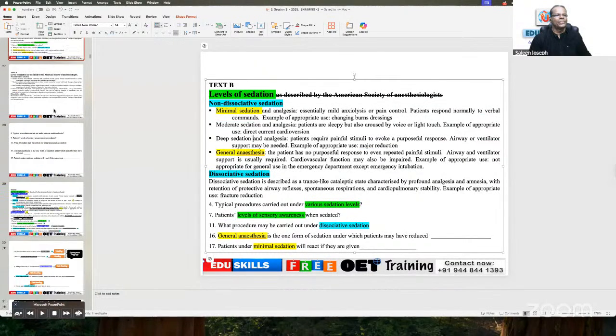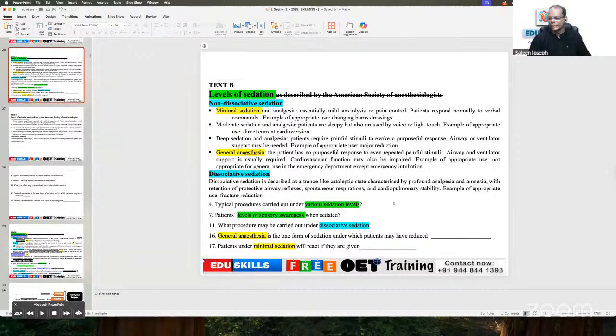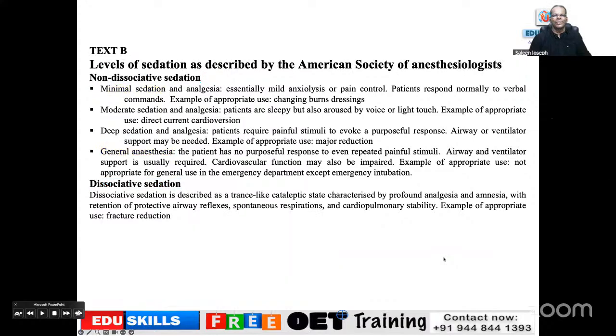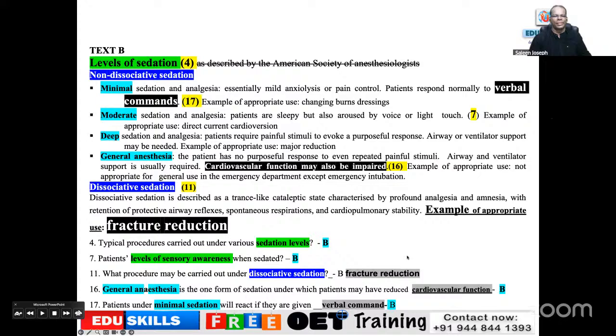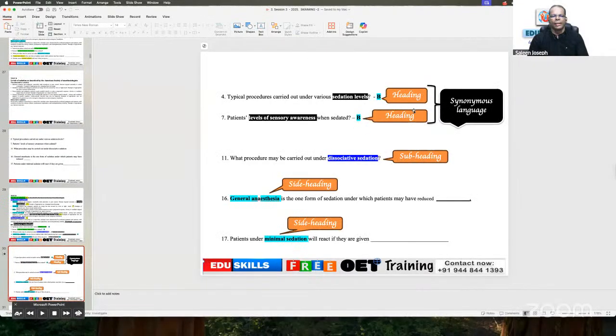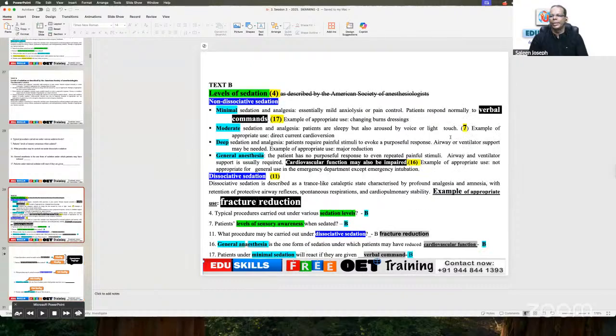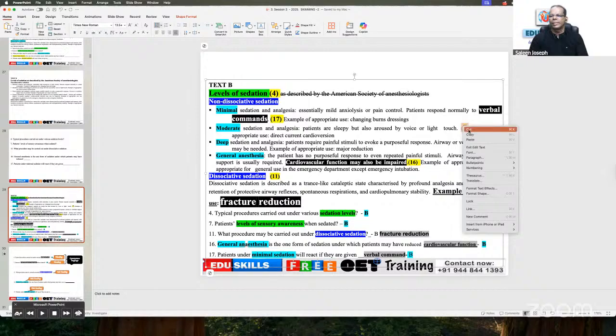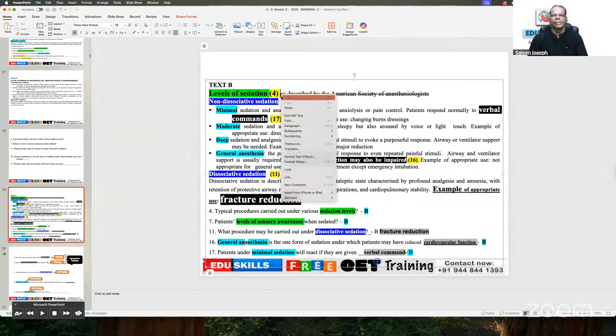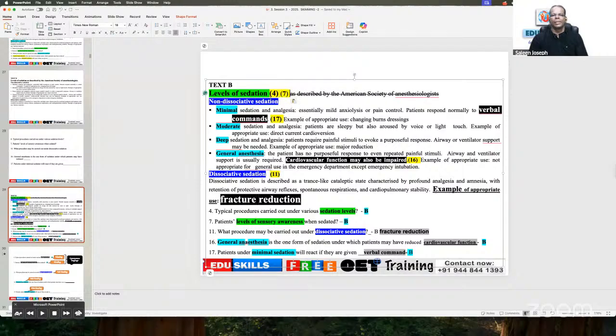Okay, let's check now. Where are we? Yes, here. How beautiful. Levels of sedation. These are the questions. 4 and 7 could be here, so let me correct it. Levels of sedation, levels of sensory awareness.